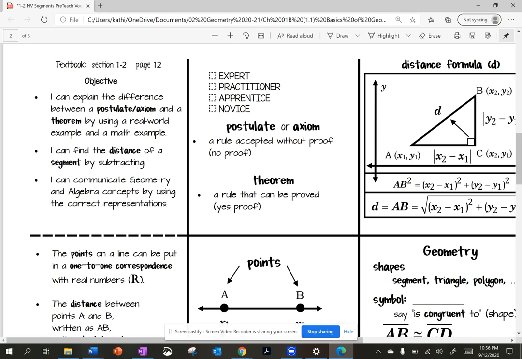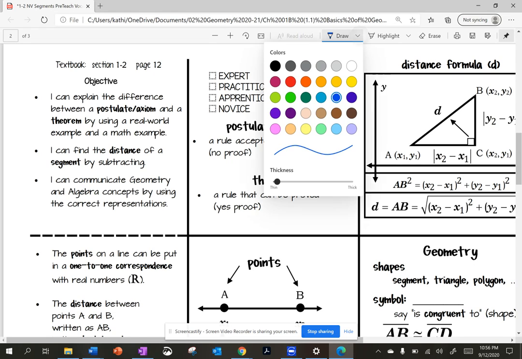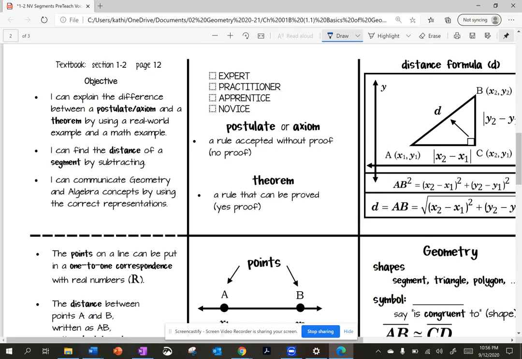Okay, so let's start out with a postulate or an axiom is a rule accepted without proof. So I don't need any proof. For instance, I could say, this is the color blue. Boy, that's really hard to see.